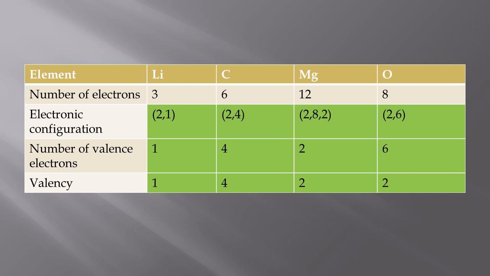What will be the valency of oxygen? It will be 2. How? Because in the oxygen atom, the number of valence electrons is greater than 4, so it will be 8 minus x, that means 8 minus 6, which is 2. This is how the valency of oxygen will be 2.